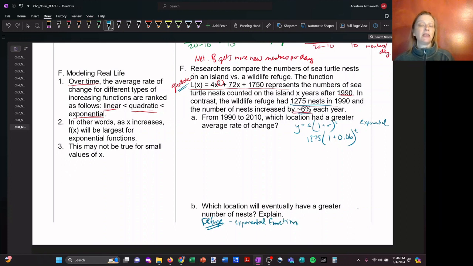But that doesn't mean that right now, between 1990 and 2010, with the question that we were being asked, the island might not be beating out the wildlife refuge for small values of x. So just because eventually the exponential function will win doesn't mean that the exponential function is winning right now.